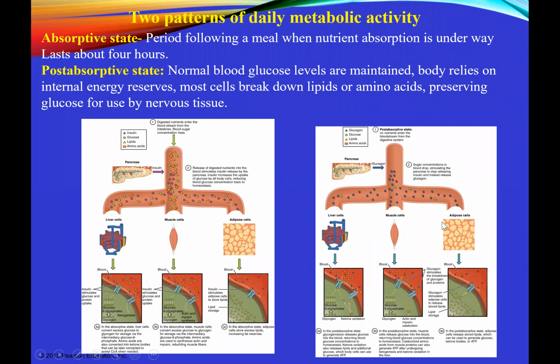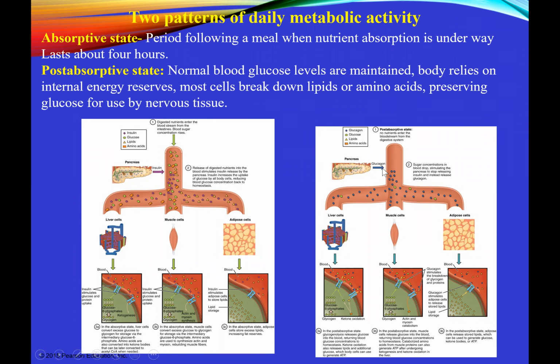So the post-absorptive state: you've been so busy, there's no time for lunch now. So the nutrient pool has dropped. So now it's all about homeostasis, right? Our body is trying to maintain the blood sugar levels. So now the pancreas will pick up that message, and it will secrete glucagon.